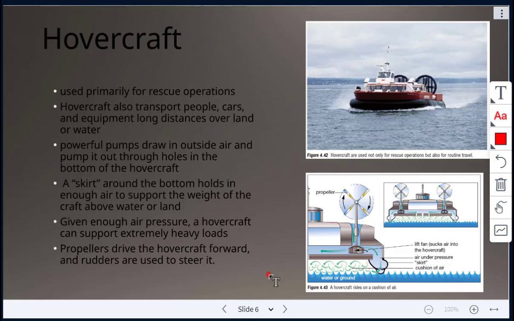There's a skirt at the bottom right here. It'll hold in enough air to support the weight of the craft above water or land. Given enough air pressure, these hovercraft can support really heavy loads. They also have propellers that drive the hovercraft forward, and rudders that steer it.